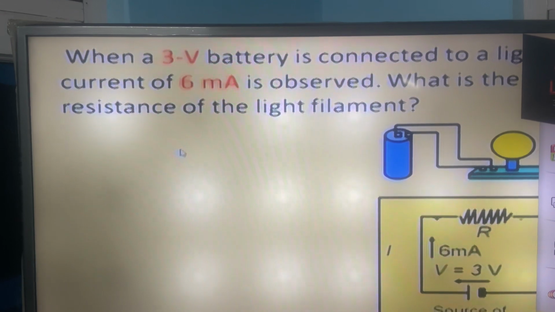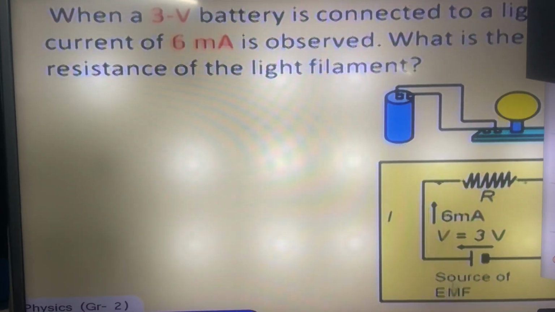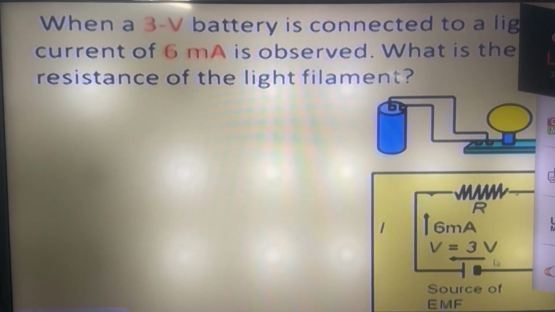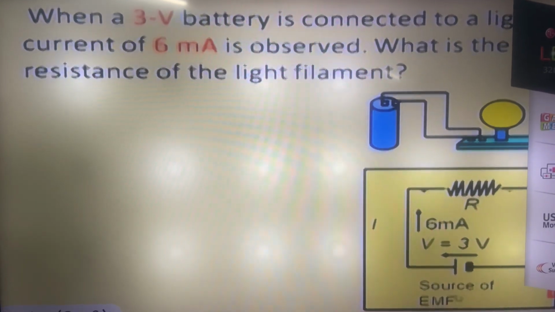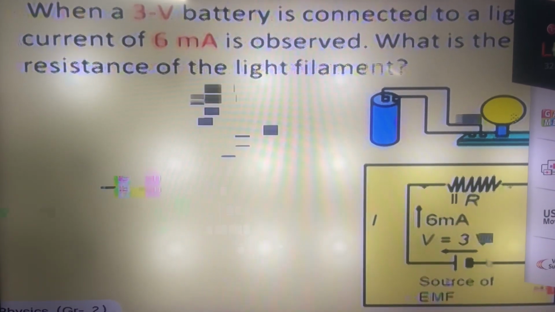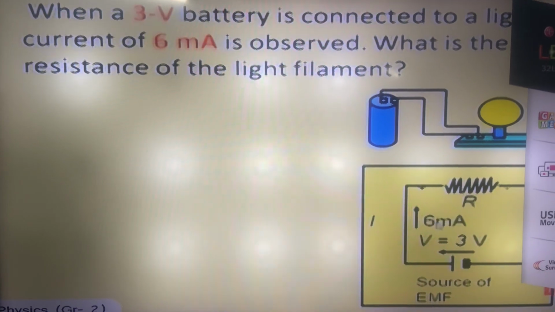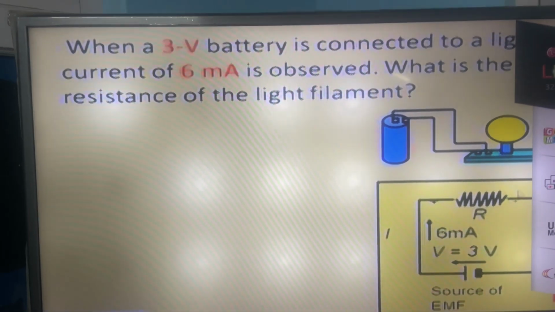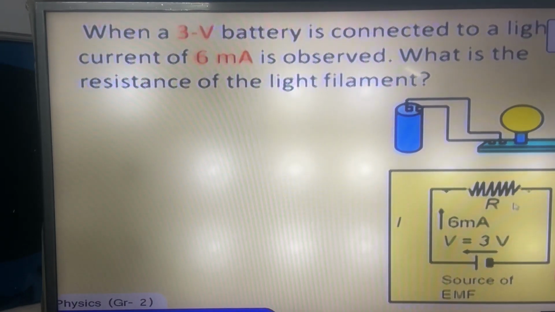Now let us visualize this as a voltage of 3 volt, or a source of EMF of 3 volt. 6 milliampere current flows through it. I want to measure what is the resistance of the light filament.